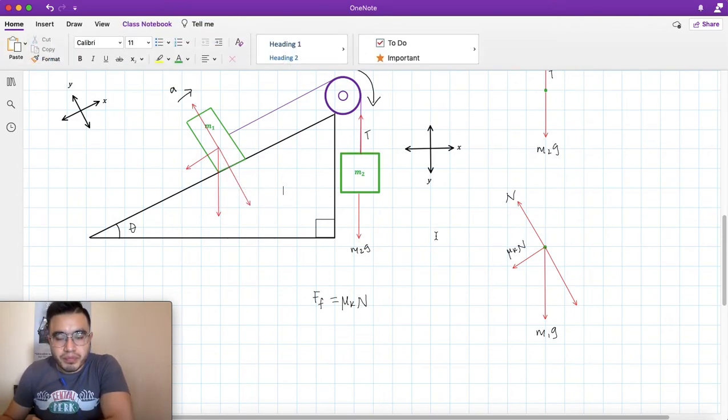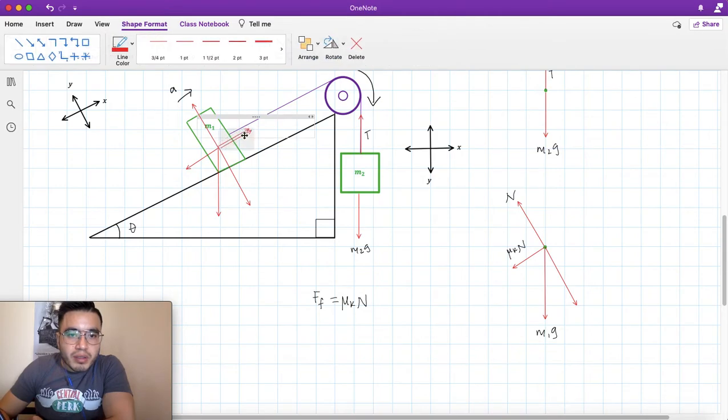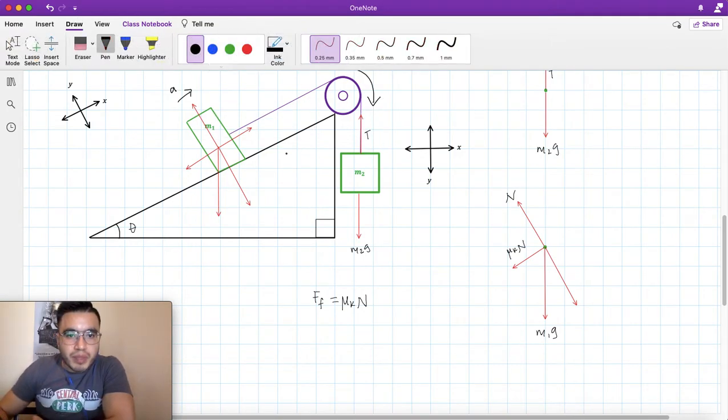There you go. And I missed the force of tension, right? Because it's pulling on mass 1. There you go. Now the force of tension is going to be the same because we have the same cable. So this is the force of tension.